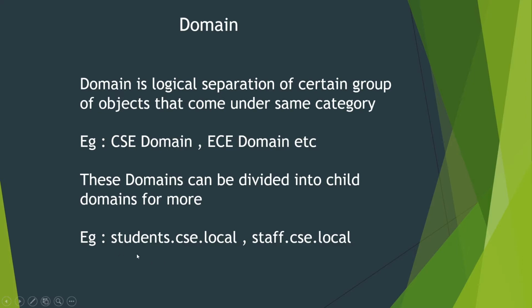All the student user objects and their computers come under students.csc.local, and staff users and their computers come under staff.csc.local. This way, students have different logon users and staff have different logon users. So you can divide these into child domains, but both child domains come under the whole CSE domain. In the same way, maybe there are child domains for the EC domain too. So this is the domain and the child domains.